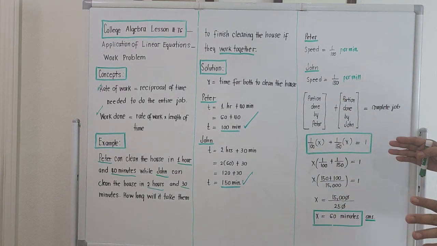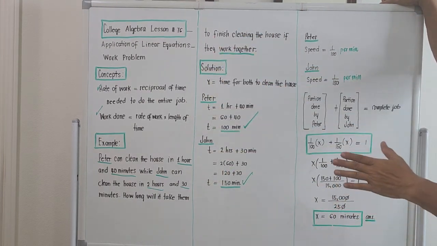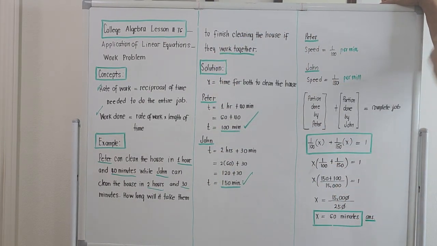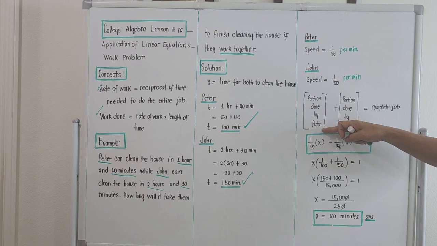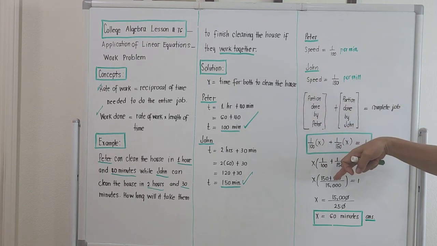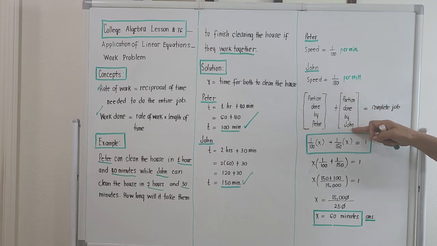Okay, let's try to translate the given worded problems into an algebraic equation. We'll do it like this. The portion done by Peter, or the work done by Peter, plus the portion done by John, or the work done by John, should be equal to the complete job.